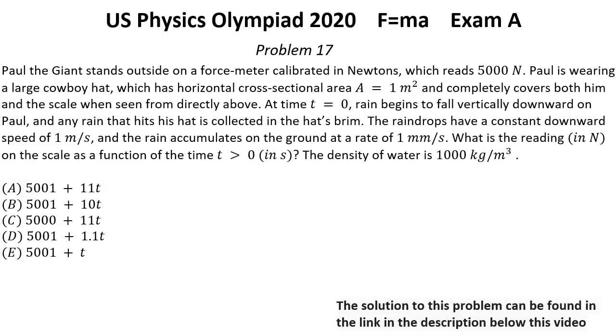At time t equals 0, rain begins to fall vertically downward on Paul, and any rain that hits his hat is collected in the hat's brim.